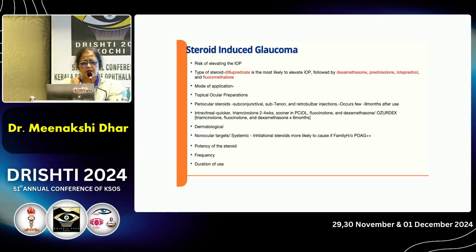The IOP can rise, and it occurs faster if the patient is not phakic. And we have to ensure that we ask if there is a history of dermatological application or non-ocular target or systemic use.